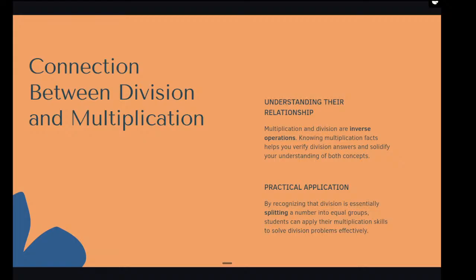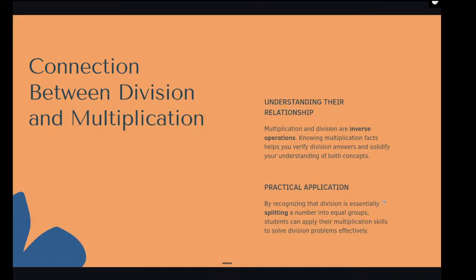Connection between division and multiplication. Understanding their relationship. Multiplication and division are inverse operations, meaning they work with each other and against each other.